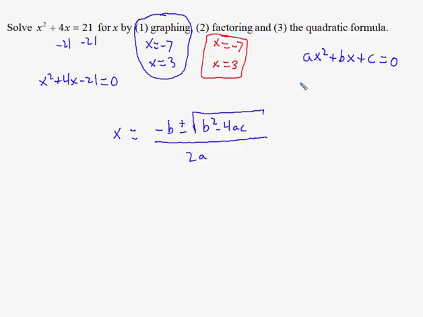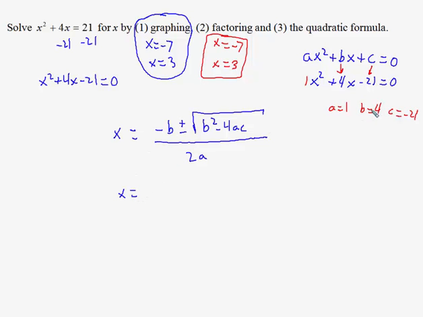So now that I did that, if I line up my problem, now that it's equal to 0, with the general equation for the quadratic, you see that my a would be 1, my b would be 4, and my c would be negative 21. All I'm doing now is putting those numbers in for those letters over here. So we have that x is equal to the opposite of b.